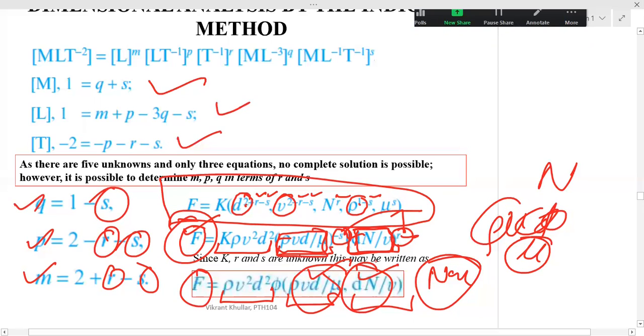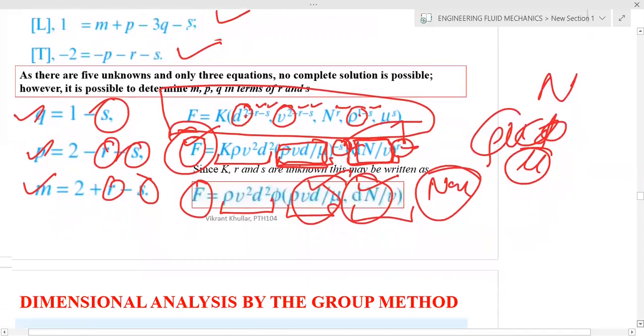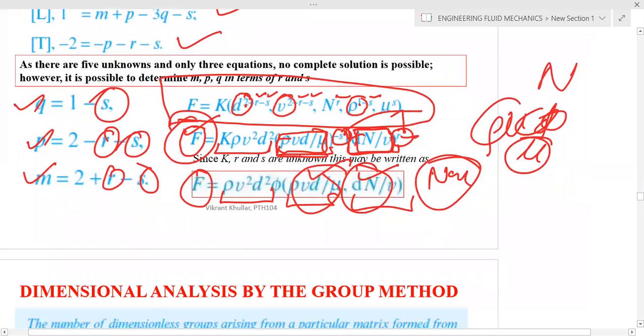So this has actually reduced the number of variables involved in your similarity analysis. Because in each problem, you will have a different characteristic non-dimensional number, and you need to identify that non-dimensional number.